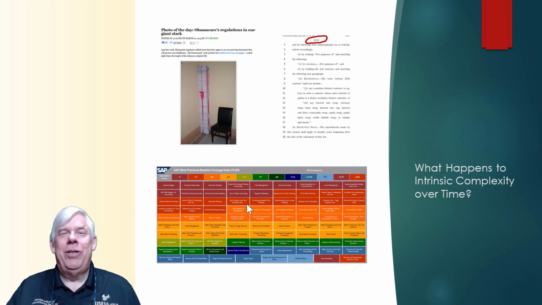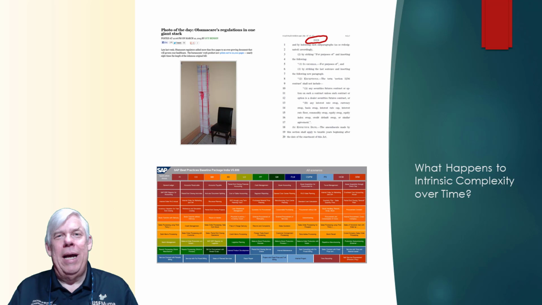Here is a picture of the purchase chart for SAP, the ERP software. This is another example of rules run amok. If the program is that complicated to purchase, it's really hard to imagine how complicated it will be to use. And so over time, what you tend to see is that the number of rules, the size of the task, grows in terms of intrinsic complexity.